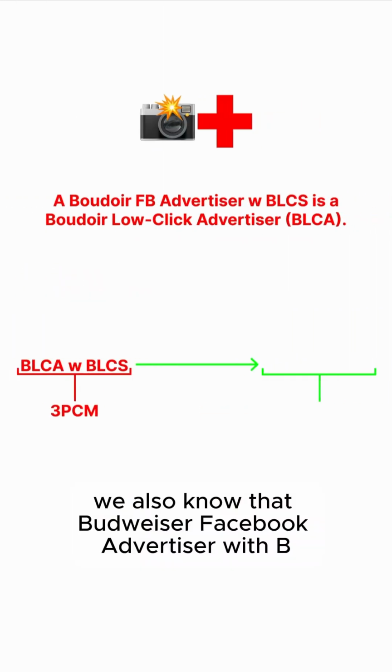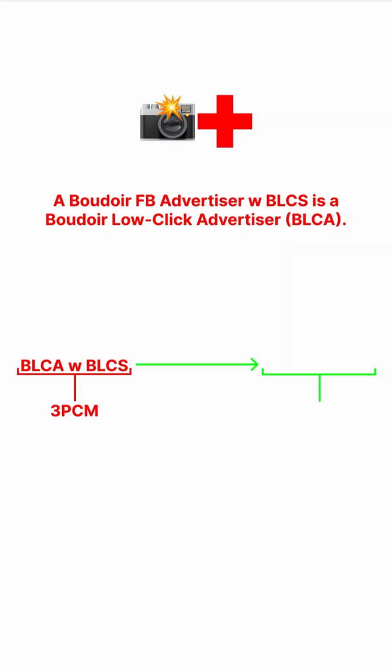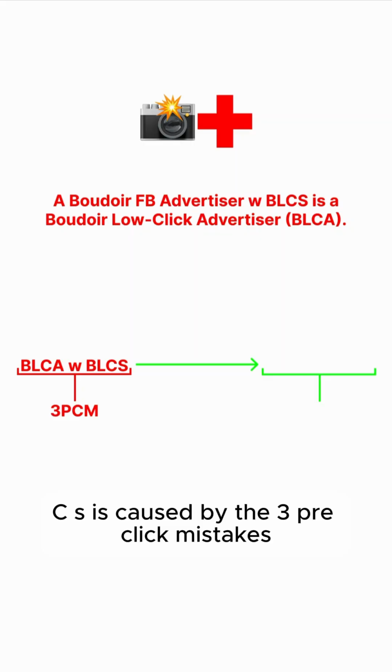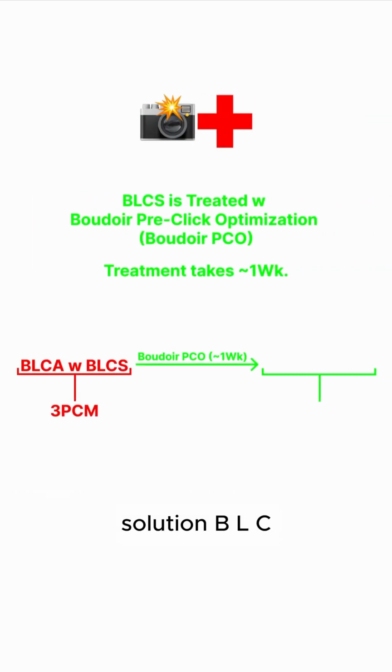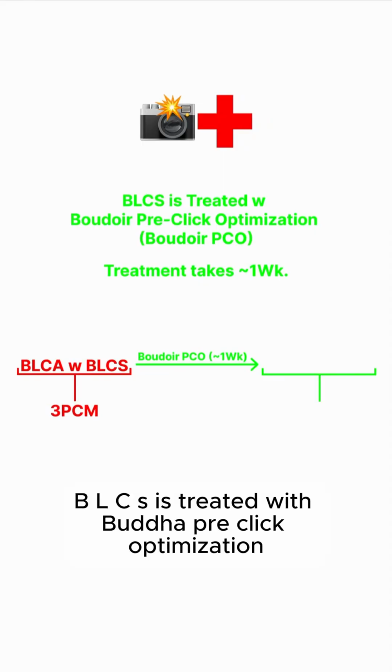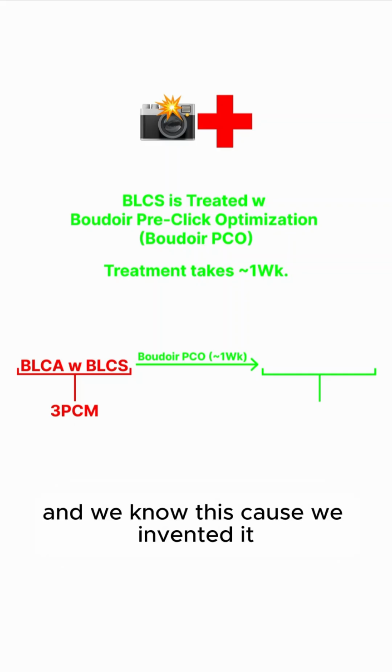We also know that a boudoir Facebook advertiser with BLCS is a boudoir low click advertiser, a BLCA. So building our universe here, we got a BLCA with BLCS caused by the 3 pre-click mistakes. Solution: BLCS is treated with boudoir pre-click optimization, aka boudoir Pico, and treatment takes about a week. And we know this because we invented it.